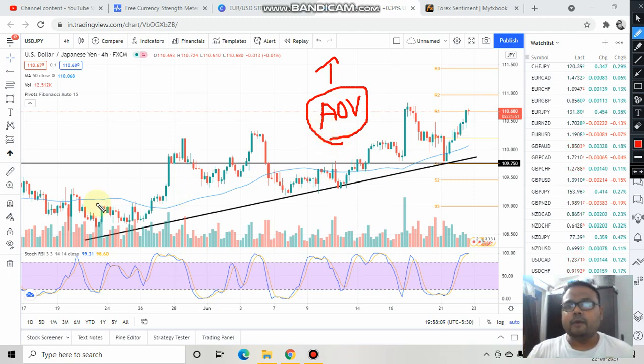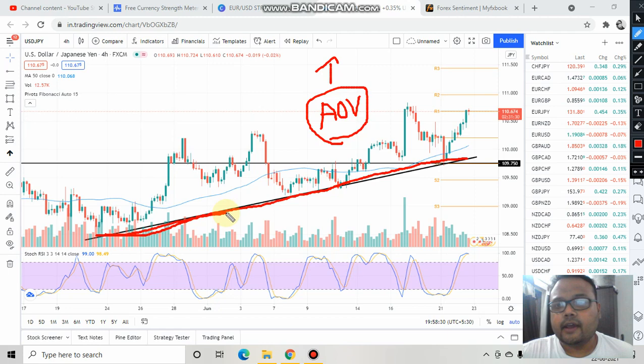And USDJPY, as you can clearly see on the chart, is in an uptrend. Therefore, the area of value is near the support. And in this case, we can clearly see on the chart that market is following this trend line as the support. Therefore, we have a clear area of value in front of us right now.